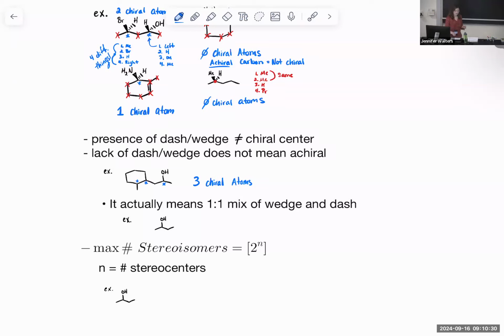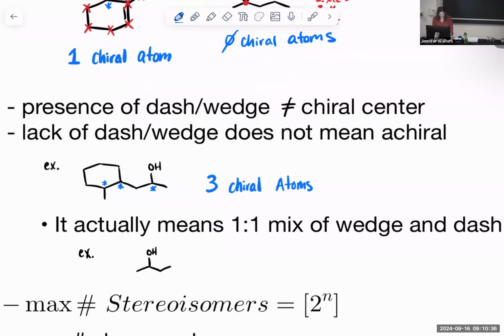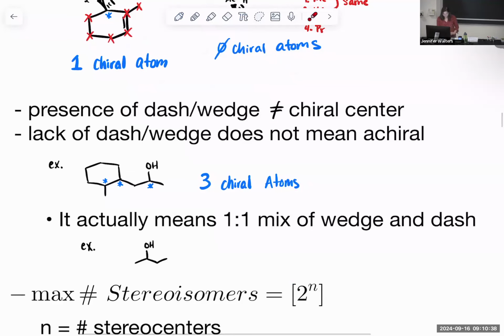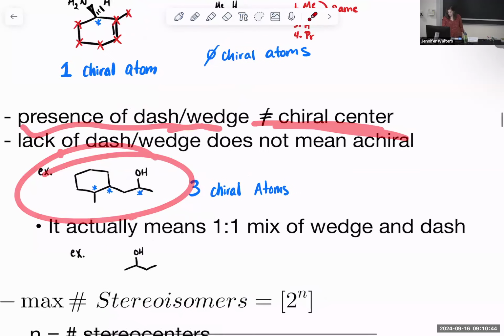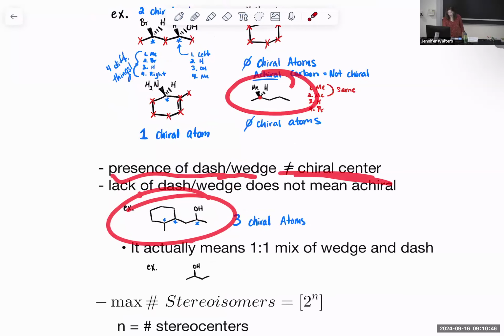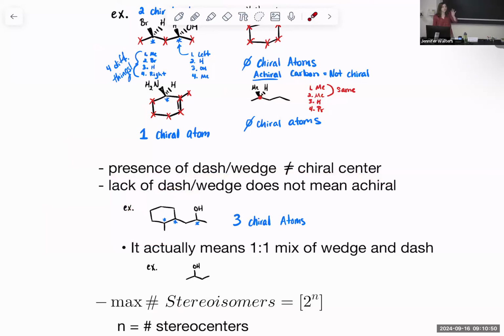Cool. All right, let's continue our stereochemistry topic. We were looking at this example where we need to remember that the presence of a dash or a wedge does not mean I have a chiral center. You need 4 different groups to get a chiral carbon.